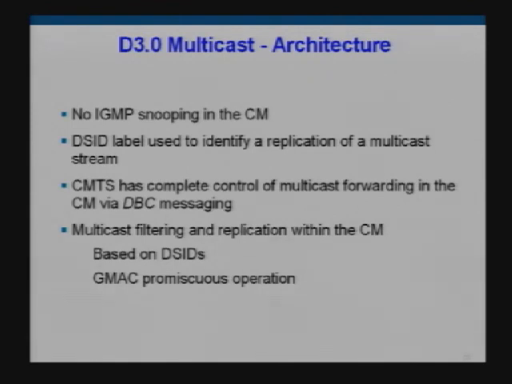With DOCSIS 3.0, that requirement is taken out because the CMTS centrally controls everything from the CMTS side. And the way the CM comes to know whether a multicast stream needs to be filtered or forwarded is based upon the information provided by the CMTS via dynamic bonding change messaging.